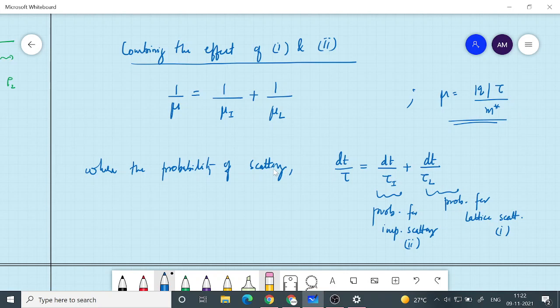One of the main reasons for electrons having higher mobility than holes is the m star, the effective mass of electrons and the effective mass of holes. If you compare, whichever is lesser will have higher mobility. The effective mass of electrons is normally lesser than the effective mass of holes.